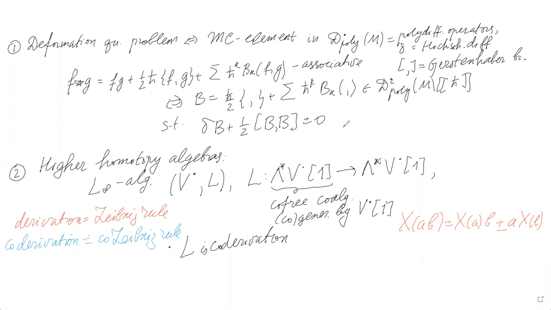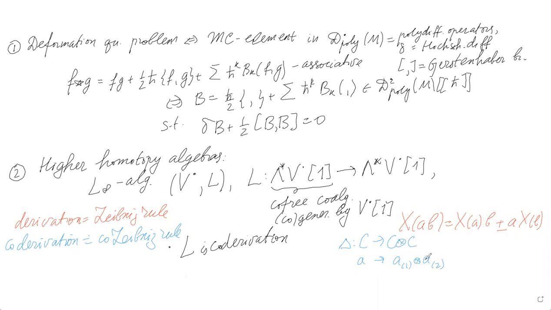And the co-Leibniz rule is the dual notion. Here you have a co-multiplication from C to C tensor C. So it sends some element A into A_1 tensor A_2. Here I have some summation sign suppressed because, of course, not every element in a tensor product of vector spaces has this form.